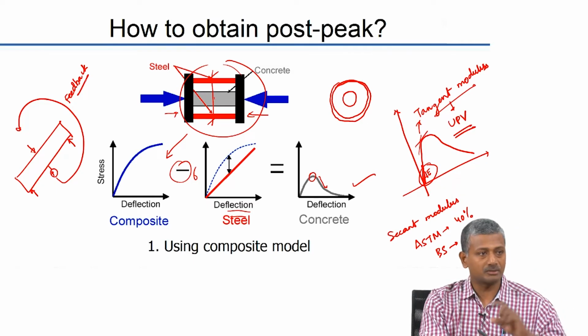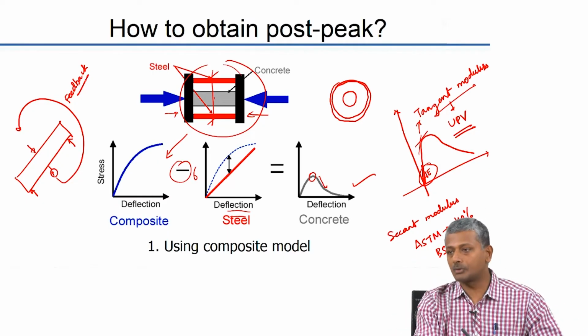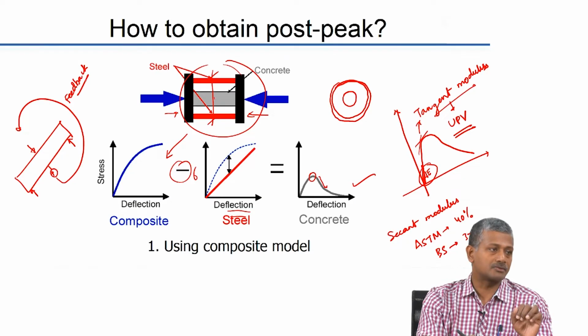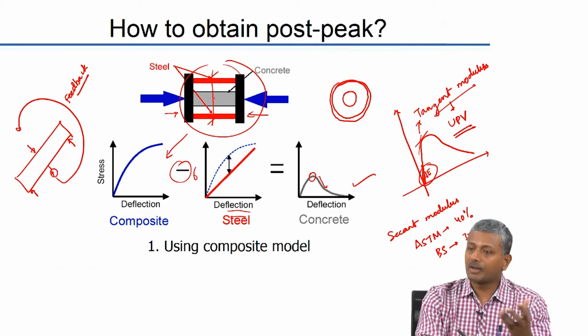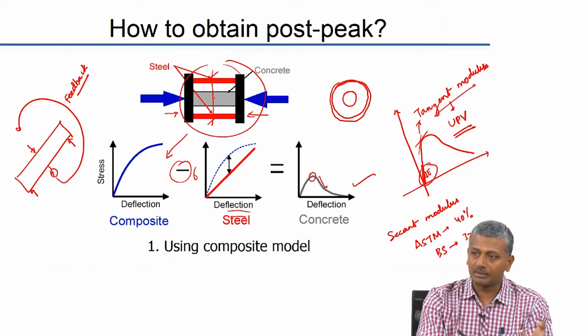Okay. So, your deflection is measured at the center, and that is sent in as a feedback to control the rate of loading. So, you can do the same experiment in flexure also to determine the stress strain characteristics of the concrete.